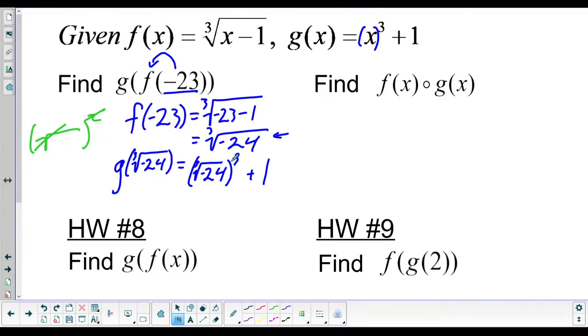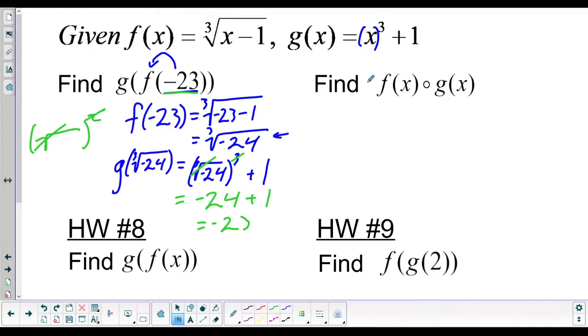So this cubed cancels this cube root, and we get negative 24 plus 1, and then negative 24 plus 1 is negative 23. Okay, so that's weird. If I plug in negative 23, I get negative 23. That's because these are what are called inverses, and we'll learn about that in the next lesson.